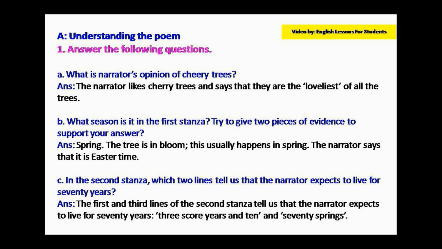C. In the second stanza, which two lines tell us that the narrator expects to live for 70 years? Answer. The first and third lines of the second stanza tell us that the narrator expects to live for 70 years, 80 years and 10, and 70 springs.